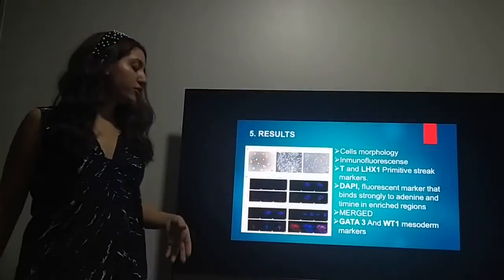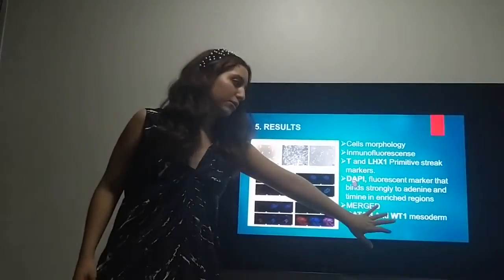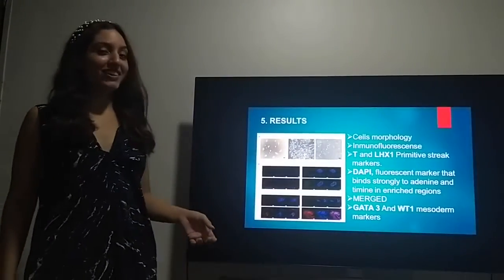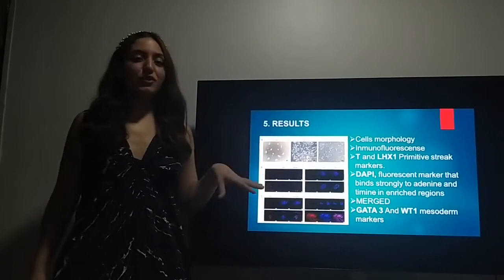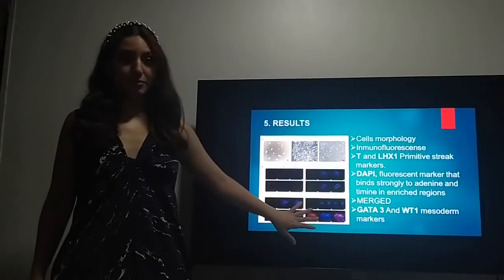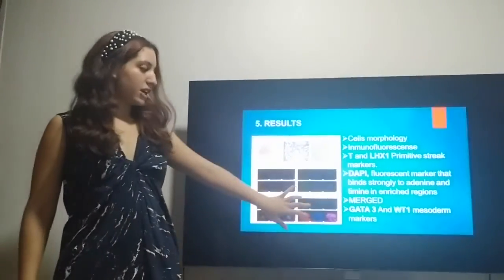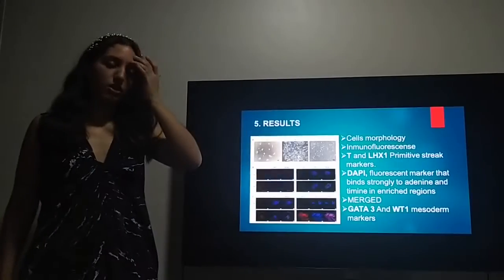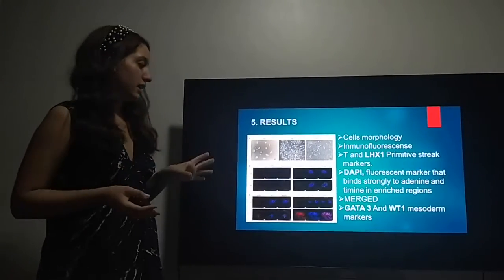The results of fluorescence were for the antigens GATA3 and WT1, which are mesoderm markers. So in day 0, there were antigens for each one of them, and in the TAPI they are positive because it has a strong union for adenine and thymine sequences in the DNA.